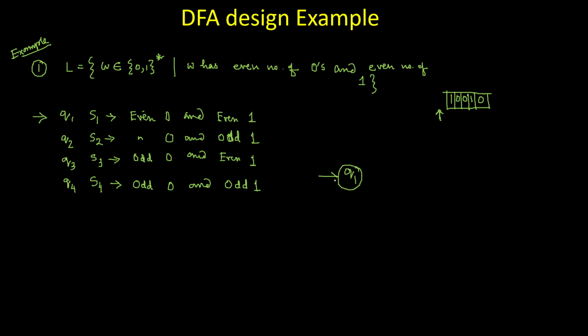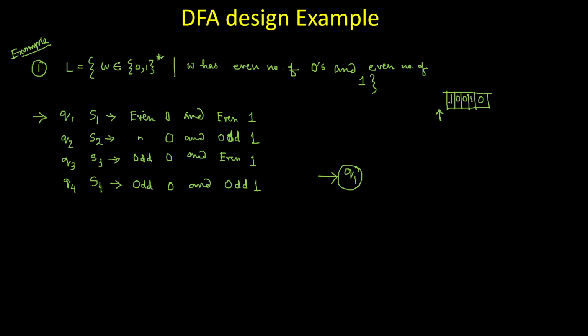I'm here. Now see, on getting a 1, your state of mind will change. The number of 0s you have visited remains the same, even. But since you have visited a 1, the number of 1s will become odd.